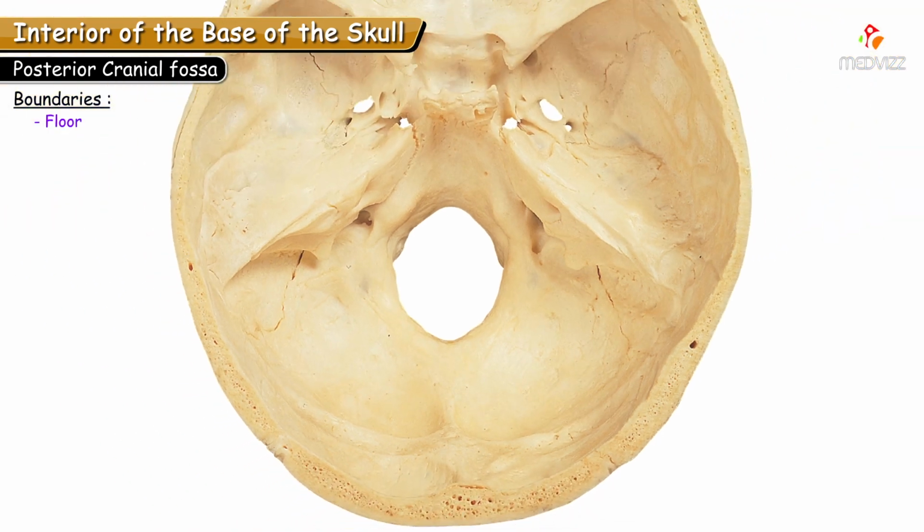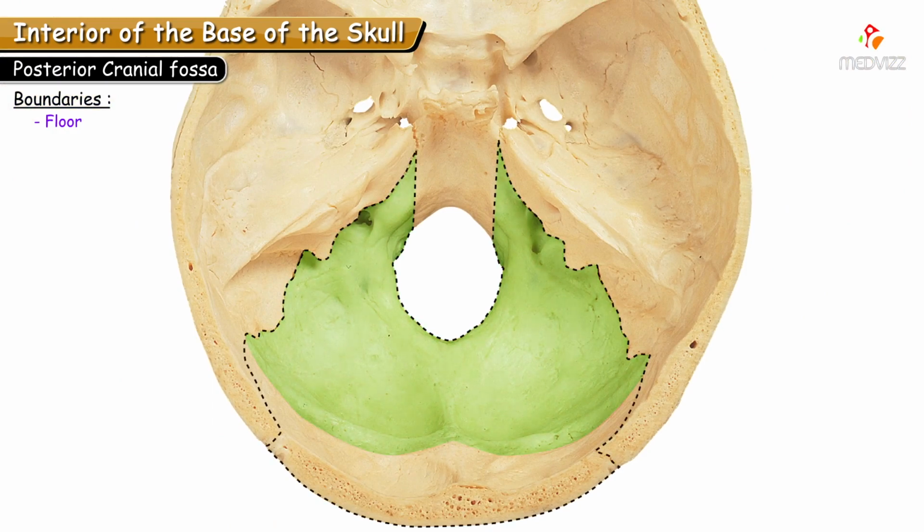And the floor is quite deep and is formed on each side by the squamous part of the occipital bone, where it is called the cerebellar fossa and lodges each lobe of the cerebellum in each fossa.